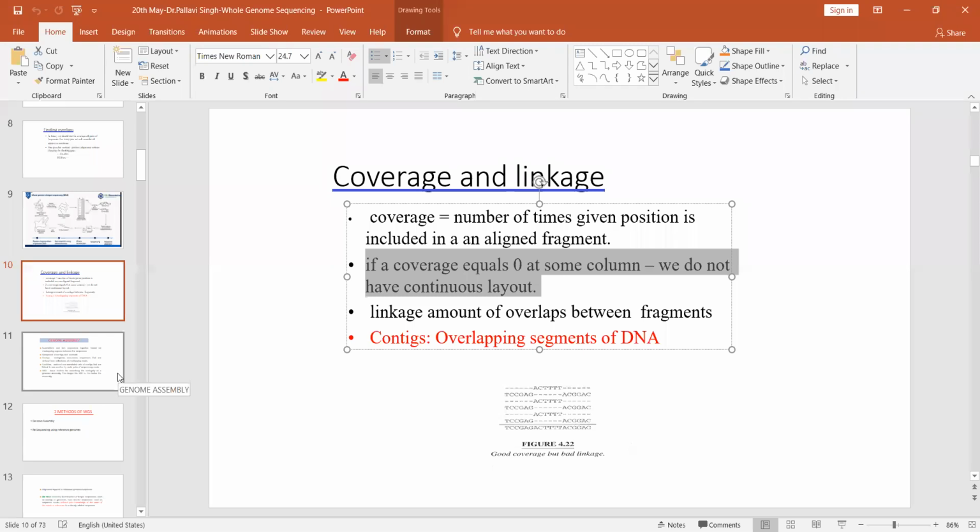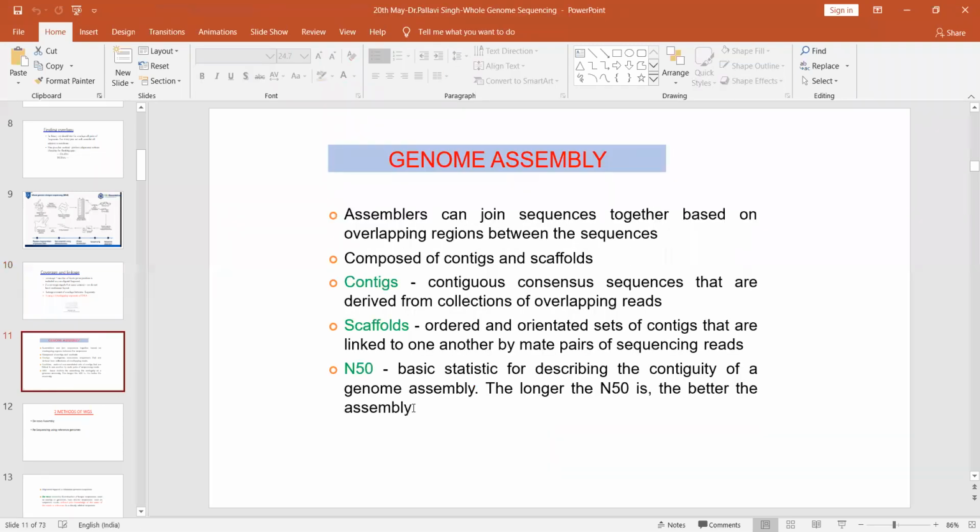Now comes the main question when you do this in the lab. After generating the contigs, there is also one more term known as scaffolds. In whole genome sequencing, when you have broken your DNA into fragments and made the overlapping segments, there are some terms which are used. One is contig, the other is scaffold.